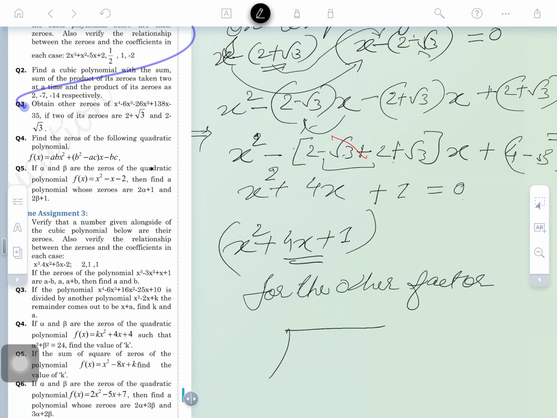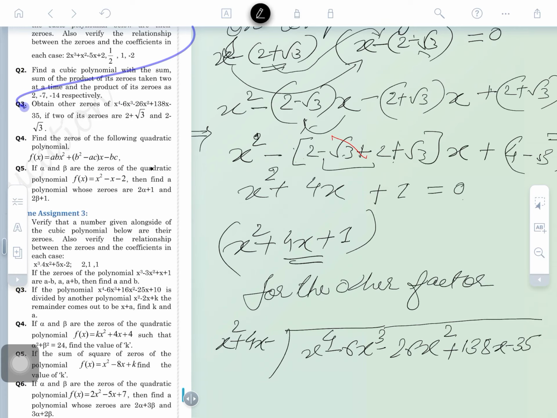We will divide the given polynomial p(x), x to the power 4 minus 6x to the power 3 minus 26x square, and what next is 26 plus 138x, also minus 35. Clear. And what is next? Here it will be x square plus 4x plus 1.